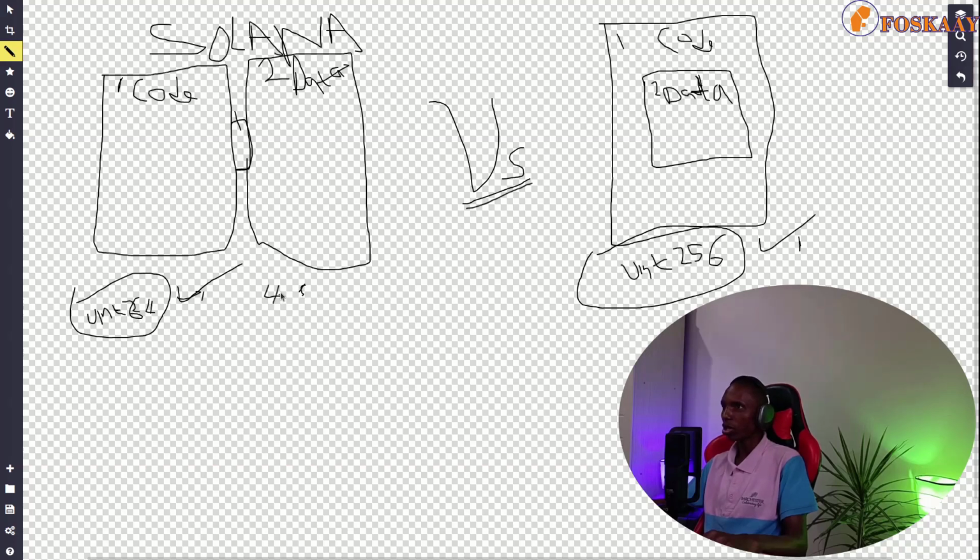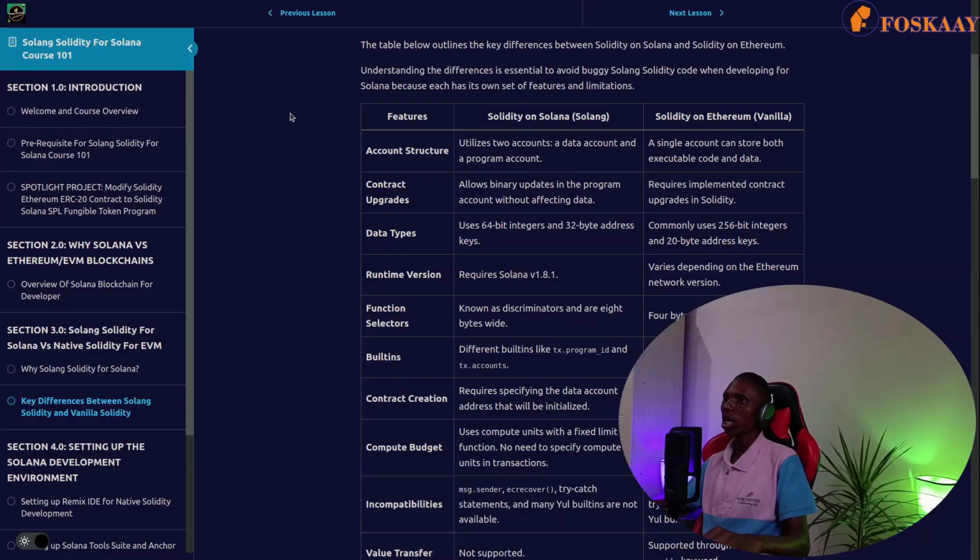I know this should create a minimum of 5 transactions if you divide 256 by 64, or more. That means you'll be paying 5 times more for the transaction, whereas you just pay 1 here. But if you have done 64, then you just pay for 1 transaction. We will still learn more about data types and things like that.